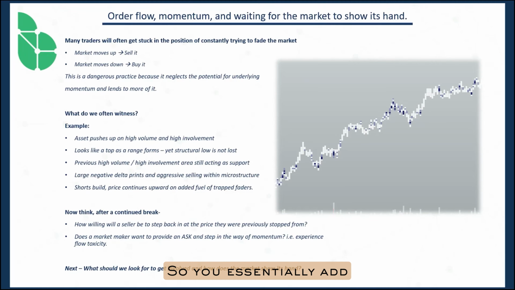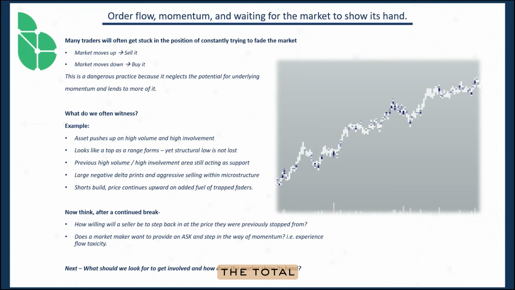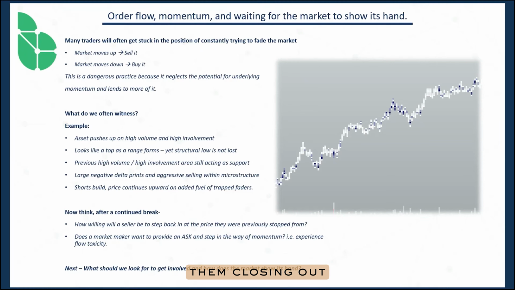So you essentially add to any momentum. If there was any momentum to begin with, the cumulative efforts of everyone trying to fade that move, when price continues to resolve upward, closing out ends up causing more momentum.